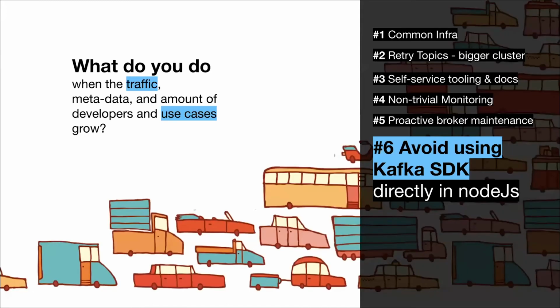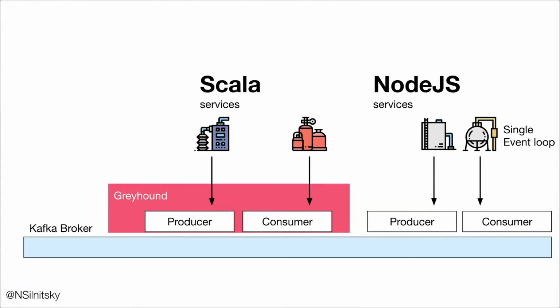Okay, the sixth lesson is avoid using Kafka SDK directly in Node.js. So at the beginning, we had only Scala services with the Greyhound library, but then as Node.js services started cropping up, we knew that we were going to need to have an equivalent of Greyhound for Node.js.